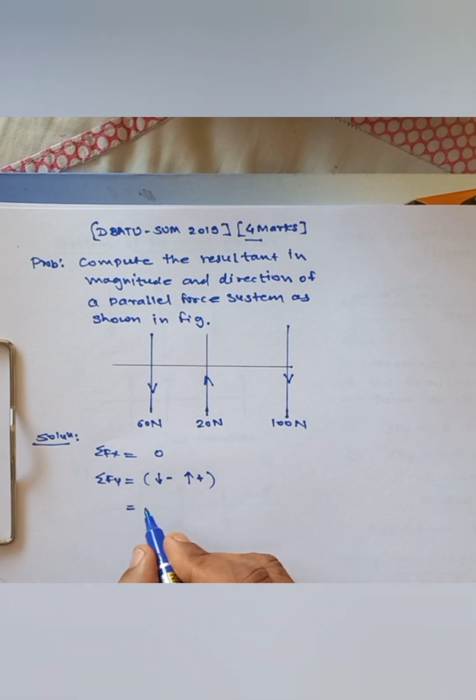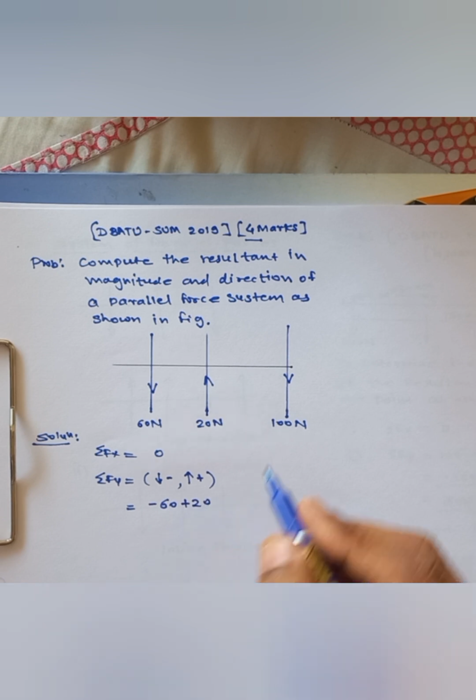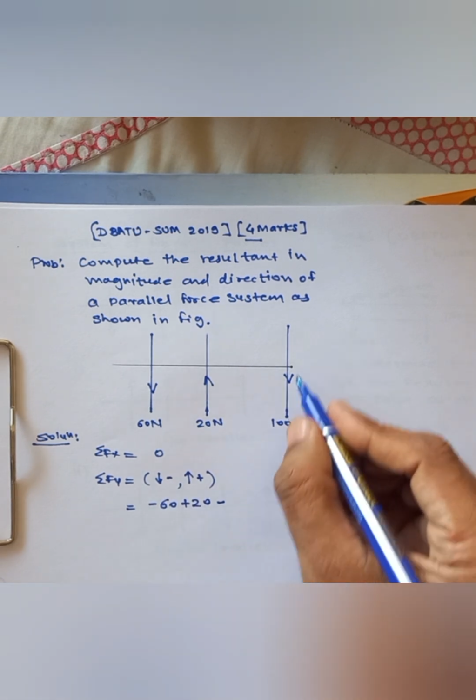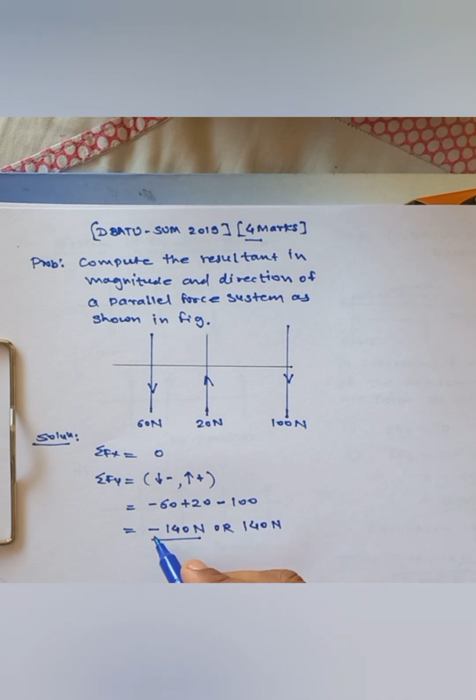So summation of Fy is minus 60 as it is downward, plus 20 as upward, then minus 100 as it is downward. So it gives me minus 140 Newton. Or as I told, you can write this as 140 Newton, and the minus sign means it is downward.